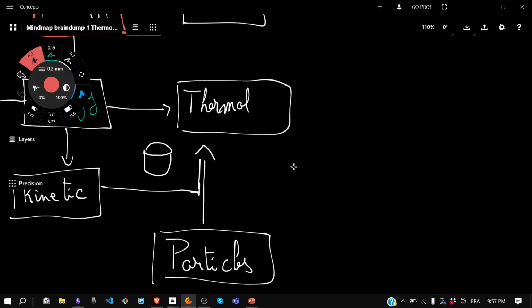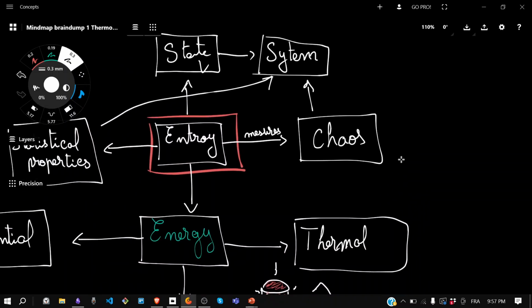It's like having a soup of hot little particles that are just wiggling around. And this gives you thermal energy.